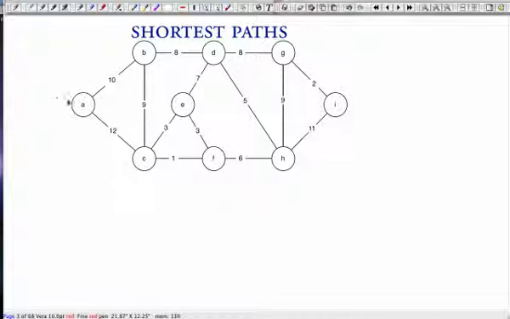So, we have some designated root A, and we'd like to find the single source, i.e. from source A, we'd like to find shortest paths to all of the other nodes in the graph.